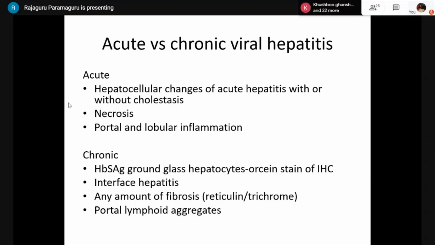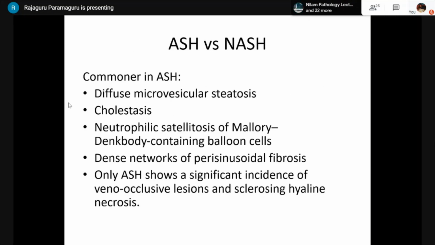Any amount of fibrosis, which can be picked up with the reticulin or trichrome, indicates chronic hepatitis. And in case of hepatitis C virus infection, presence of portal lymphoid aggregates indicates it is chronic viral hepatitis. So this is how you can differentiate between acute and chronic hepatitis.